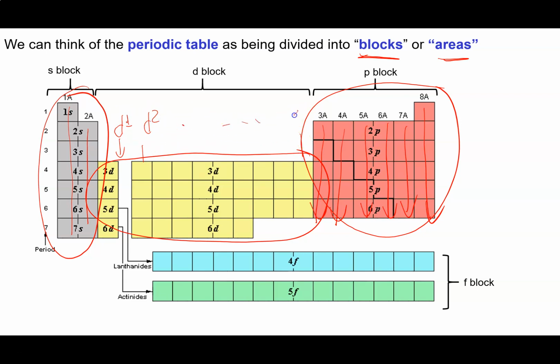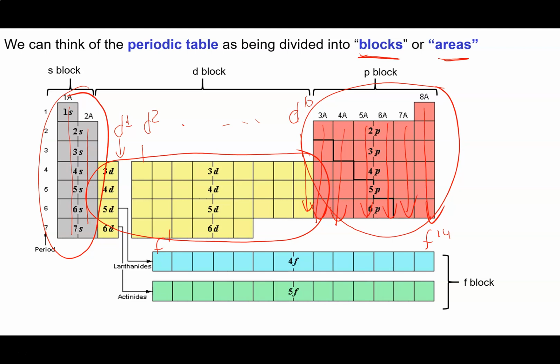And for those, the very last row there ends d10. For the f block, the same. These guys are all f1, these guys are all f14, and so on as we go across. So the reason that the periodic table has this shape is because we have 2, 6, 10, and 14 electrons that we can put into each of the 4 different types of subshells.